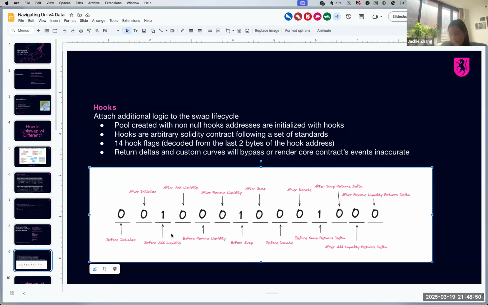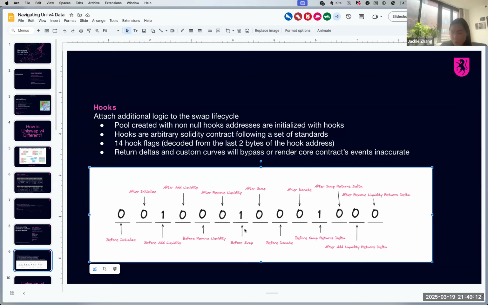So here we have before add liquidity turned on, before swap turned on, and before swap return delta turned on. So we will know this hook modifies behavior before liquidity is added and before a swap is conducted.